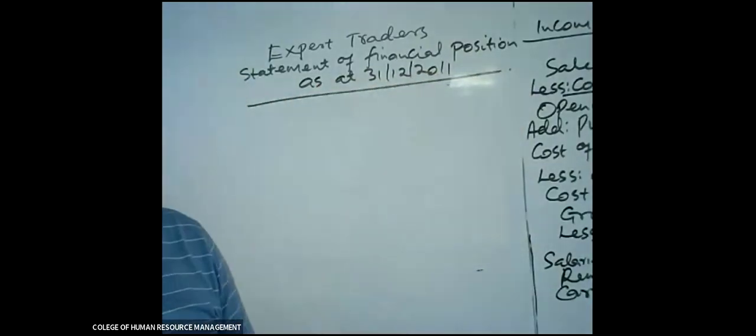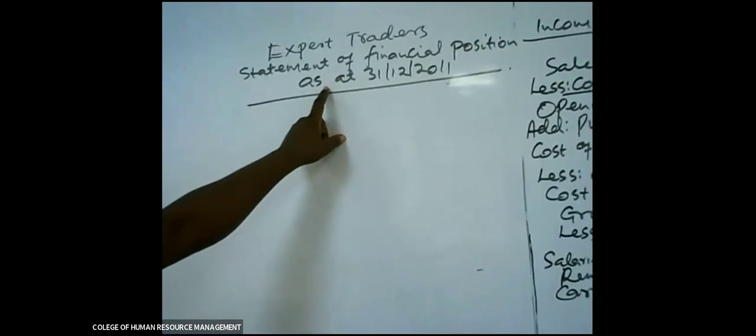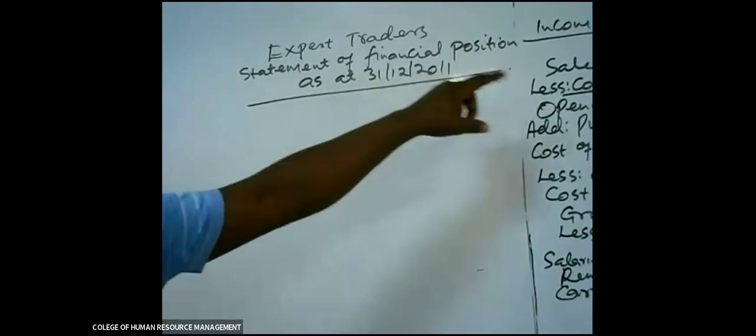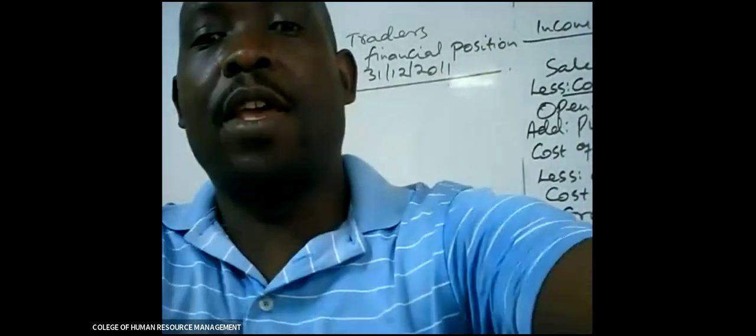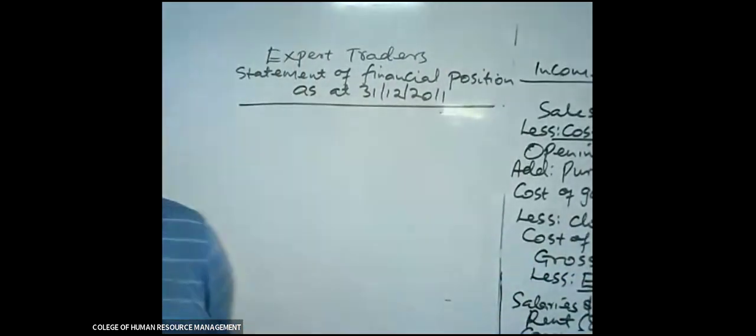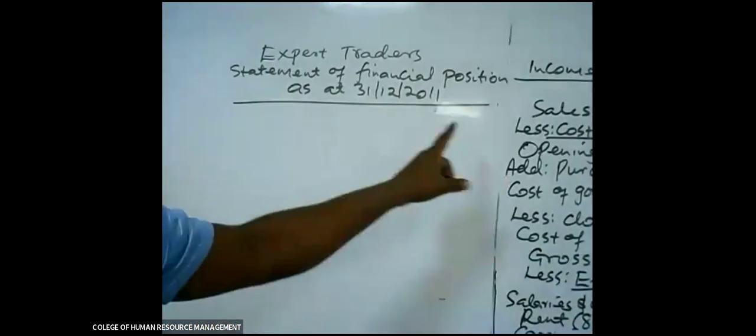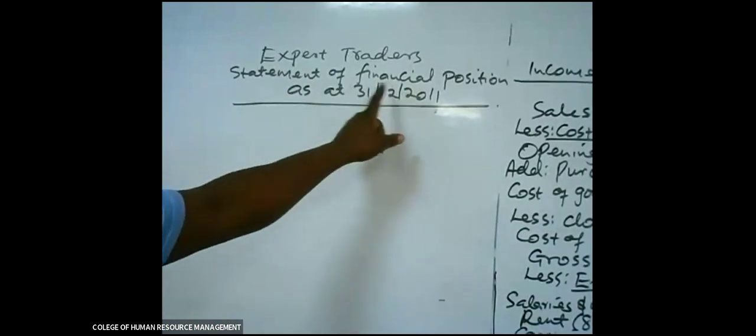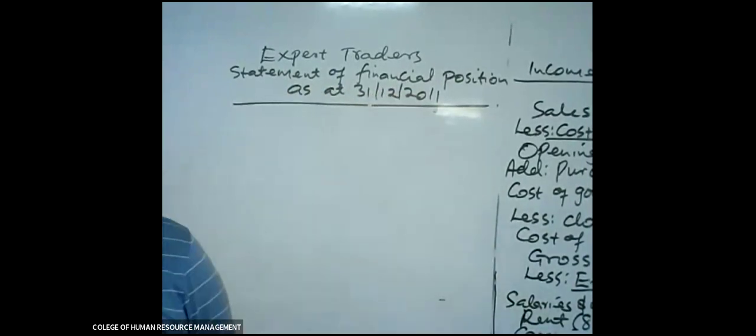So remember the difference: for the statement of financial position, we normally say "as at", but for the income statement, we normally say "for the year ended". This one we say statement of financial position as at that date.